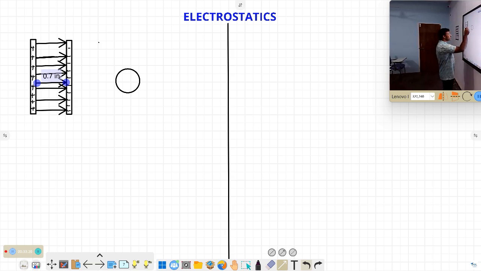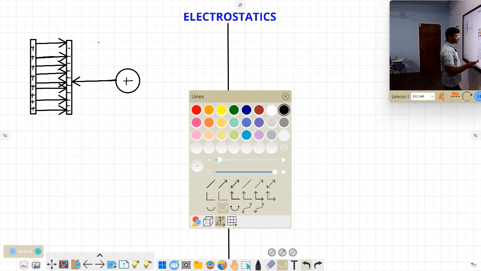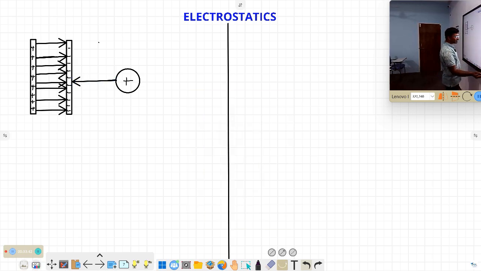Now if you come across this case, this is a positive sphere kept near these plates. Then what happens? These electric lines will start from the positive body and end at the negative plate, like this. One or two lines may be straight, but the remaining lines will not be straight. Most of the lines will be curved lines.